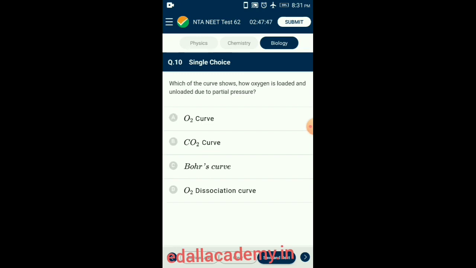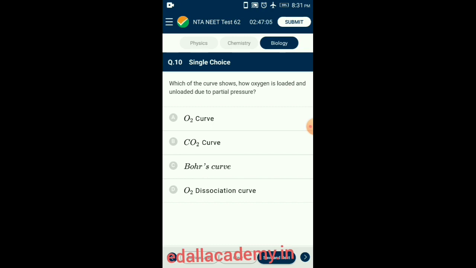Question number 10. Which of the curves shows how oxygen is loaded and unloaded due to partial pressure? The oxygen hemoglobin dissociation curve under normal condition is sigmoid shaped. The lower part of the curve indicates dissociation of oxygen from hemoglobin, whereas the upper part indicates the acceptance of oxygen by hemoglobin.